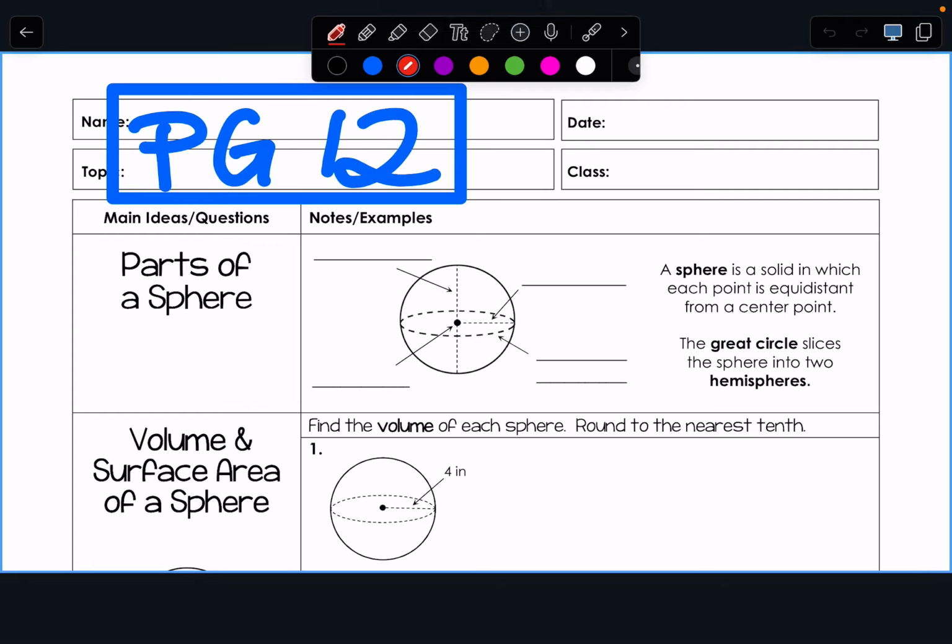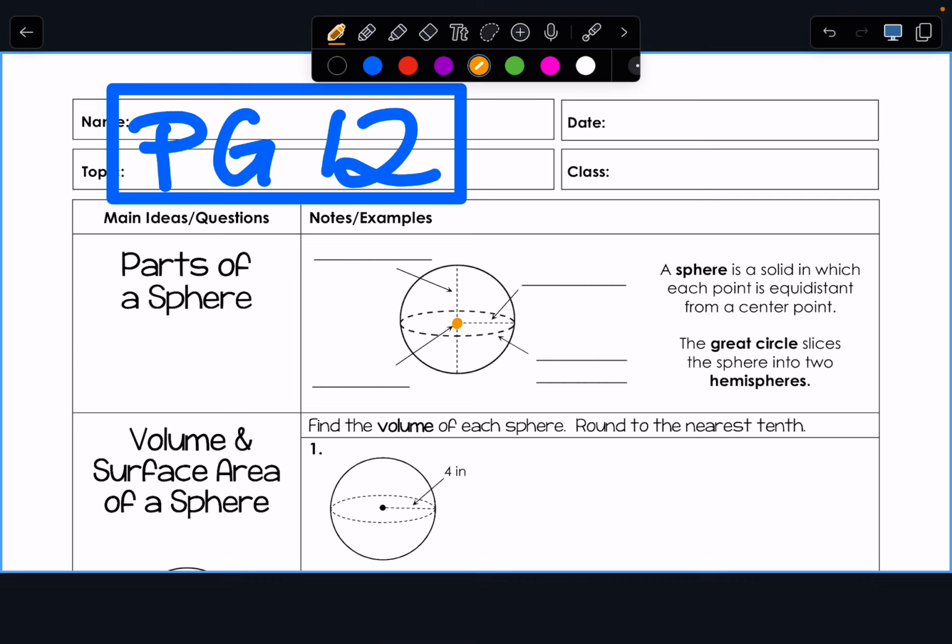Today we're going to focus on spheres. Okay. What is this called right here?